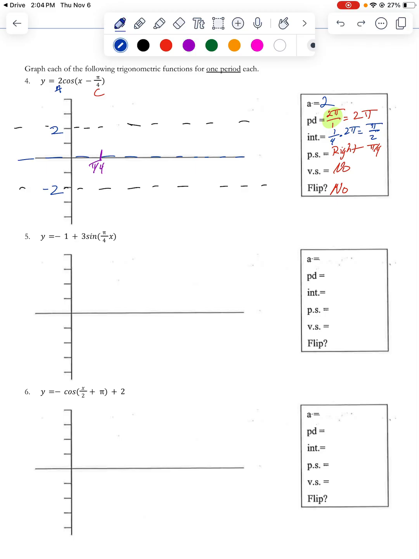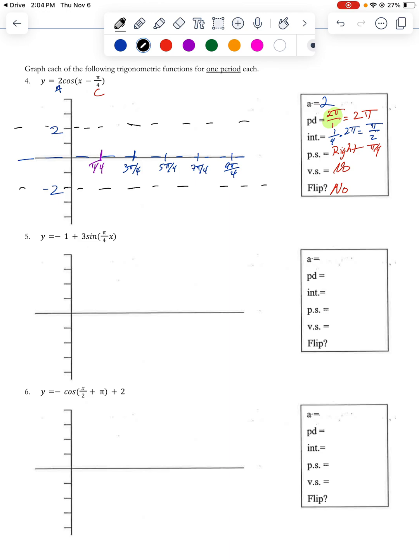So pi over 4 plus pi over 2 is 3 pi over 4. Again, 5 pi over 4. Again, 7 pi over 4. And again, 9 pi over 4. Those are our 5 dots.